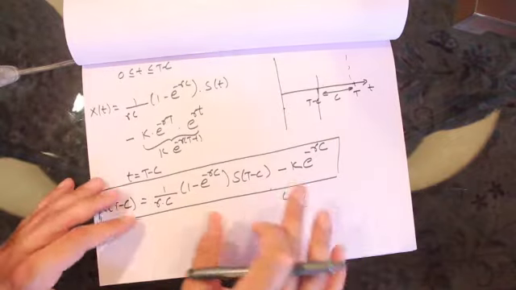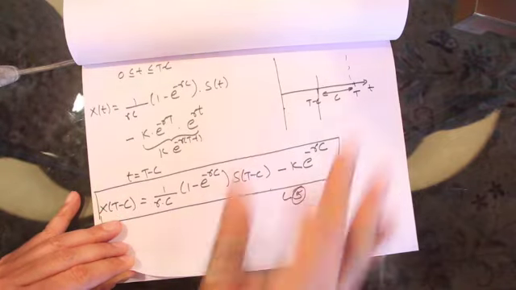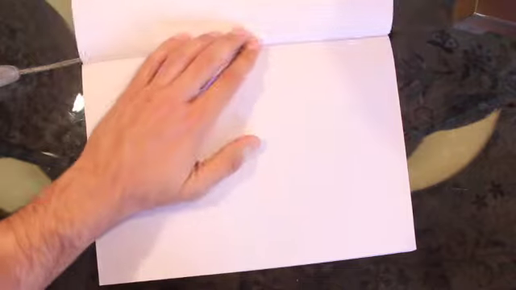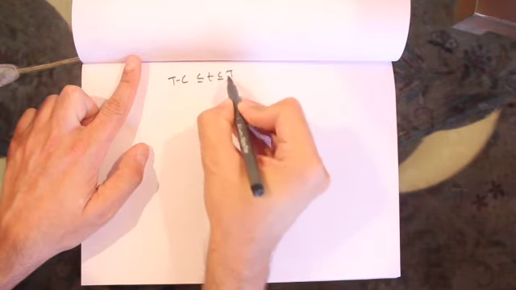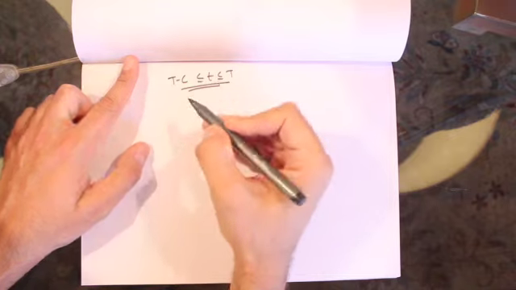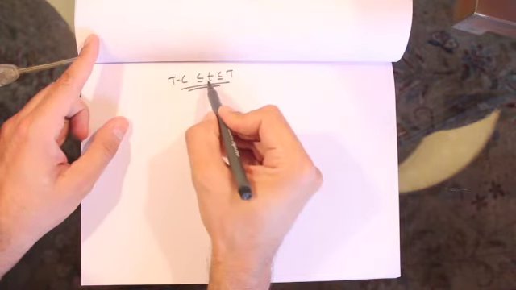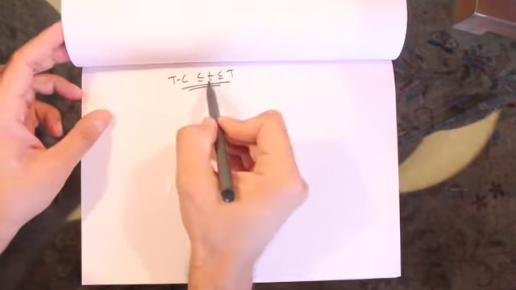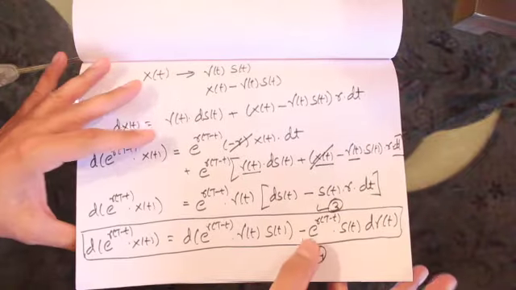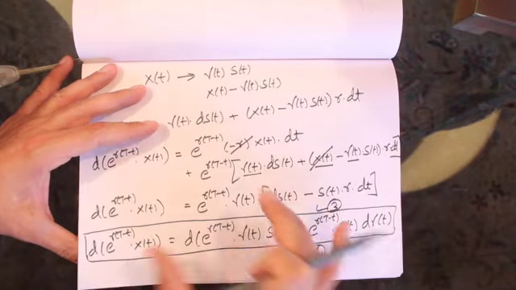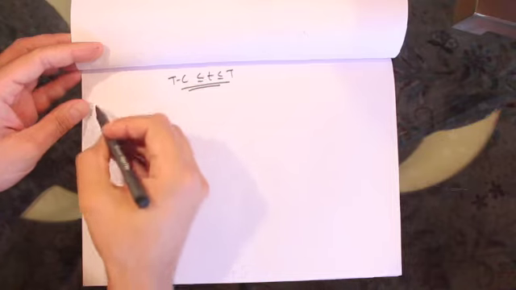Now let's compute the value of the portfolio at time capital T. Let's assume that T minus c is less than or equal to t, less than or equal to T, and we want to figure out the value of the portfolio at small t, when small t is greater than T minus c and less than capital T. We can do this by looking at our equation, result 4, and integrating both sides.